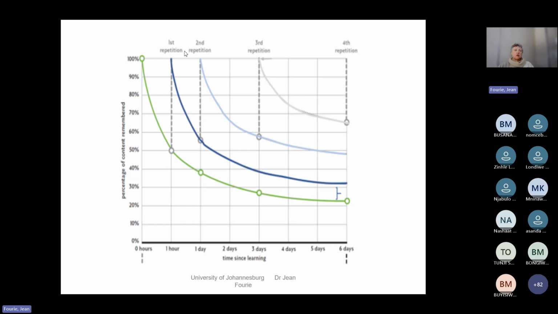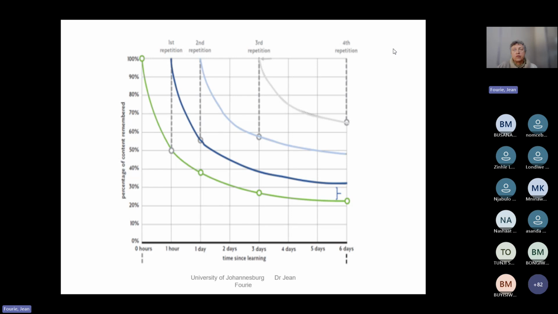So as teachers, we should be thinking about how we are setting up our learning environments at schools in order to ensure that there is time for all these repetitions of information to take place.